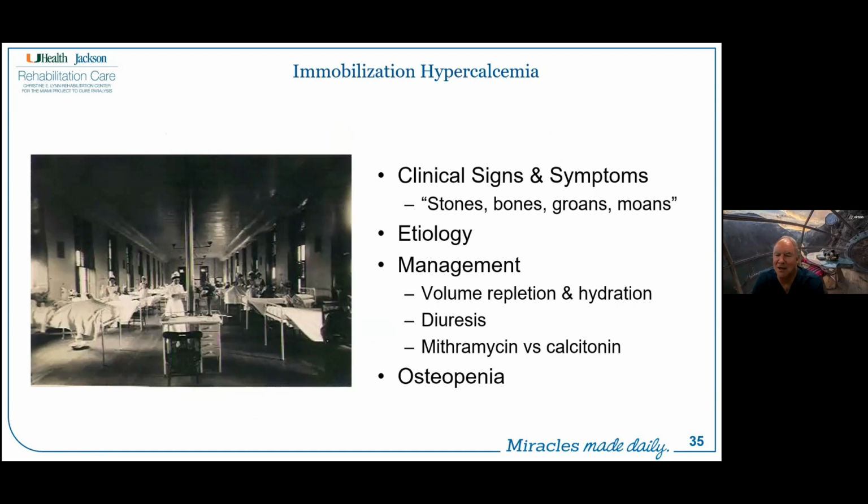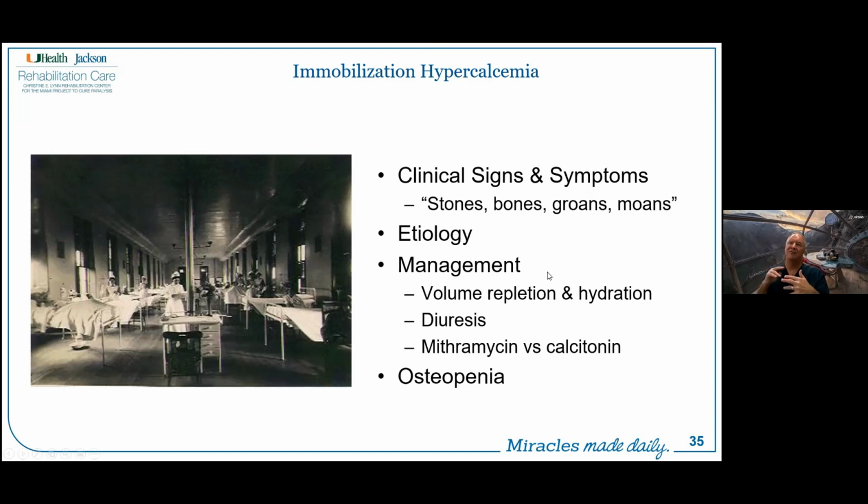And typically we describe this as stones, bones, groans, and psychic moans. These are the usual symptoms that we see associated with immobilization hypercalcemia. Recognizing that, again, particularly young men with high bone mass who have a lot to lose very, very quickly are going to need to be managed with volume repletion and hydration.